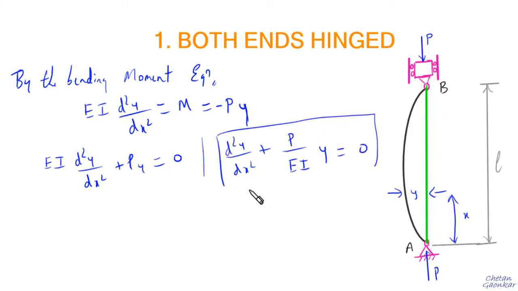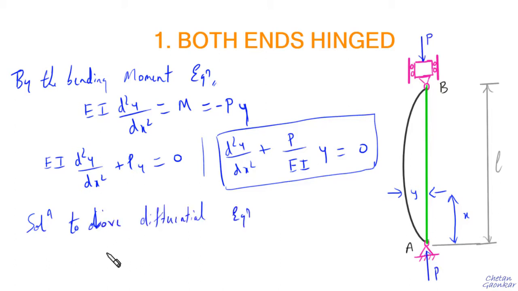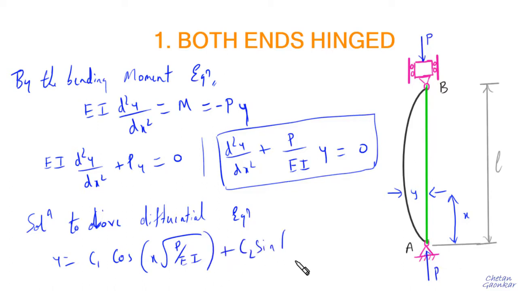Now this is nothing but the differential equation for this long column of length L when it is hinged at both ends, end A and end B. The solution to this differential equation will be of the form y equals C1 cos of x root of P divided by EI plus C2 sine x times root of P divided by EI.